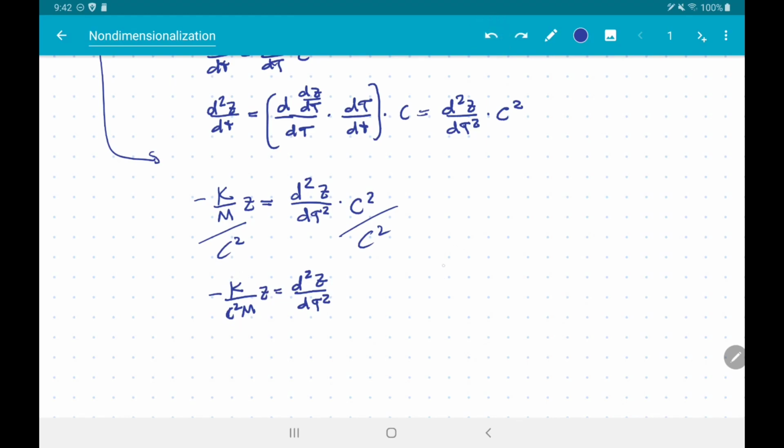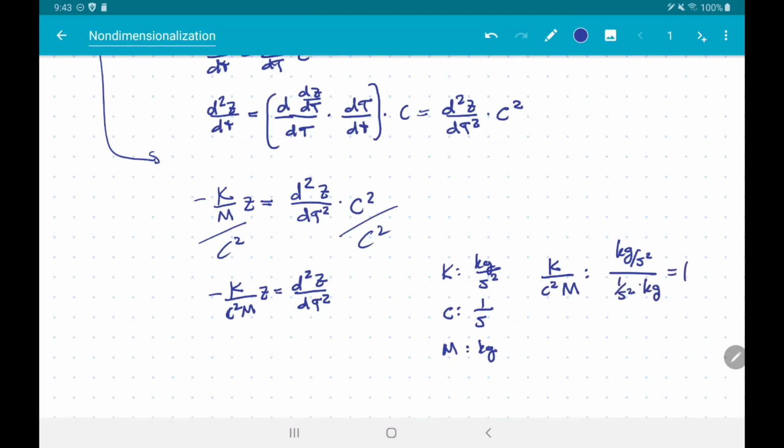remember k has units of kilogram per second squared. C has units of 1 over seconds, and m has units of kilograms. So if you build up k over c squared m, you're going to get kilograms per second squared over 1 over second squared times kilograms.